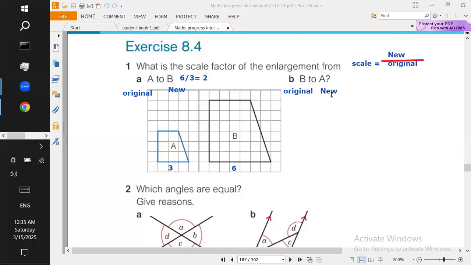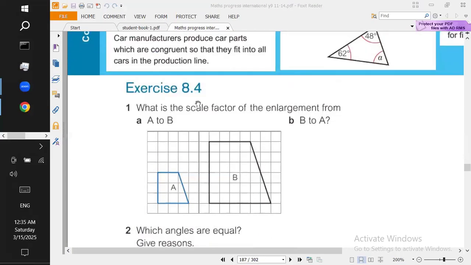The new one here is A, which is 3, and then divide by the original, which is B, and it's 6. So the answer of 3 over 6 is going to be 0.5, or half, which is 1 over 2. And this is how you find the scale of enlargement using the shapes that you have in front of you. So focus on the order because the order changes the answer. Now let's move on to the next question.